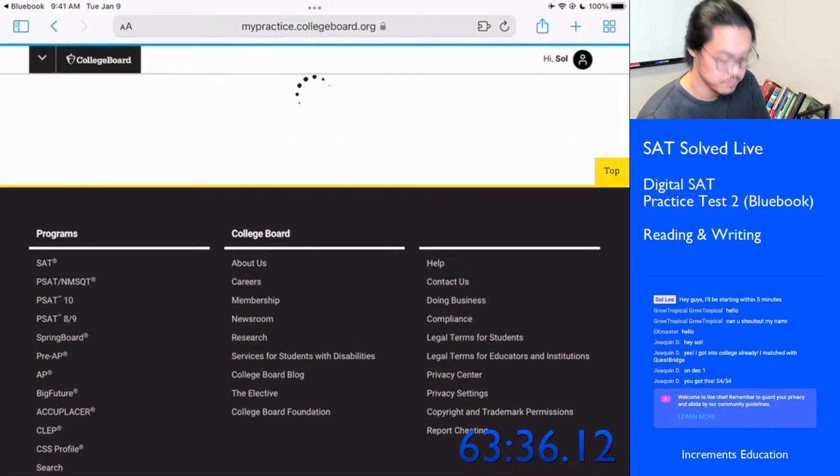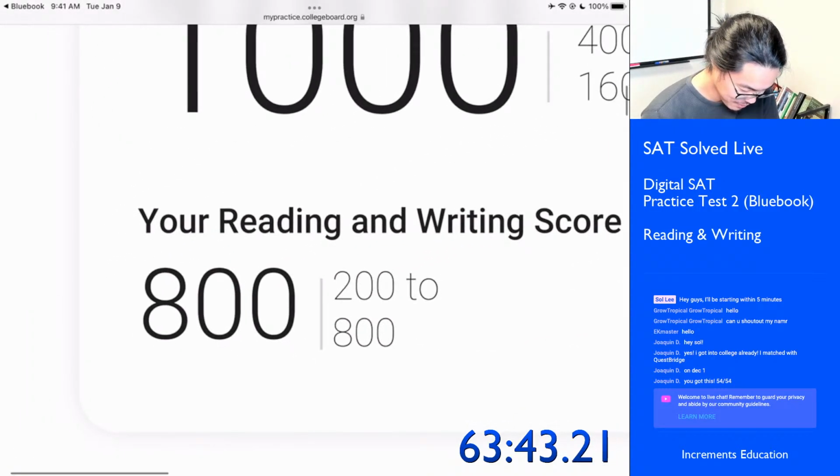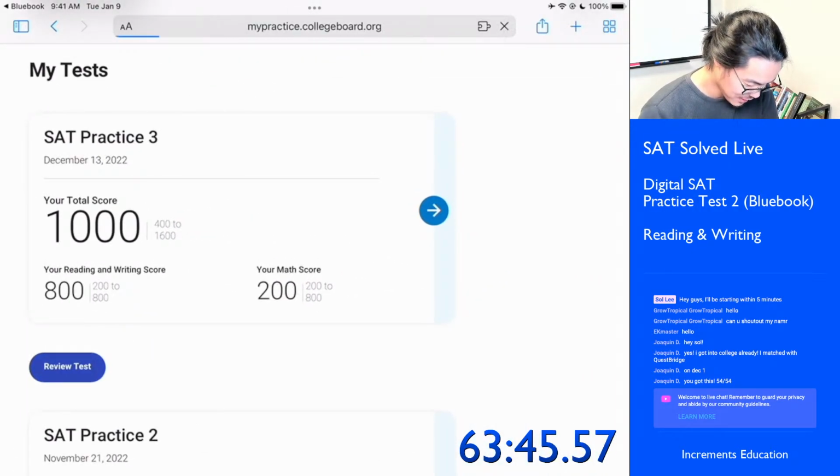All right, here we go. Loading, loading, loading. 800. 800. All right. Good.